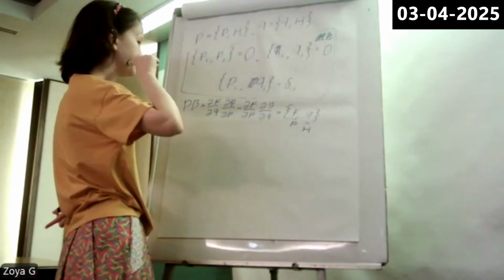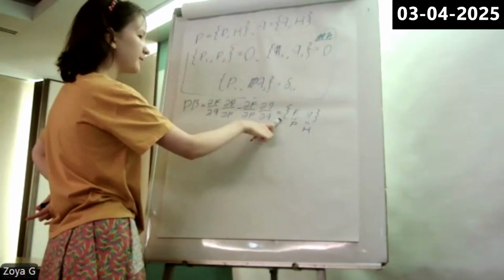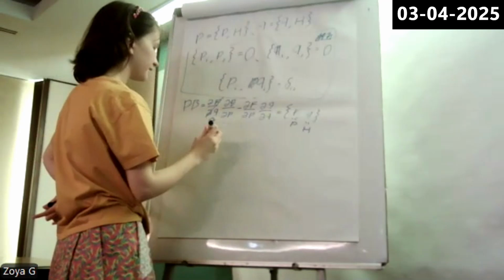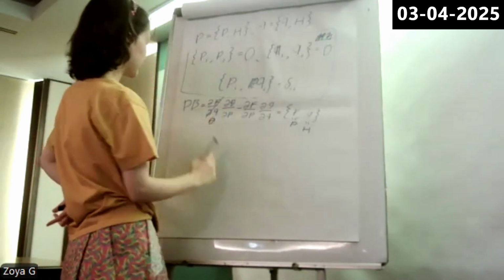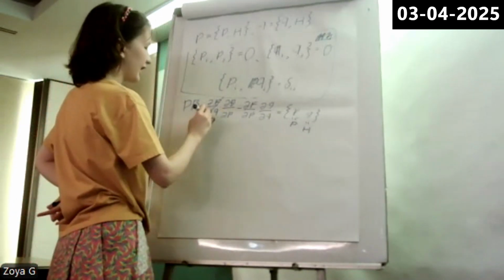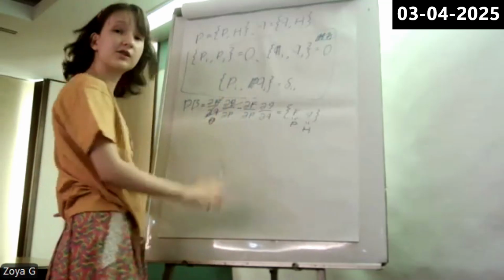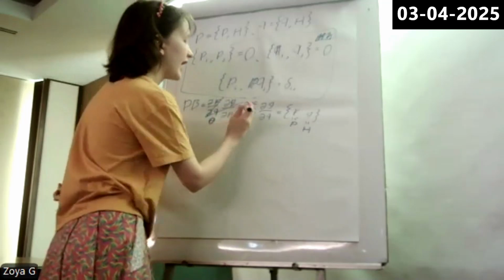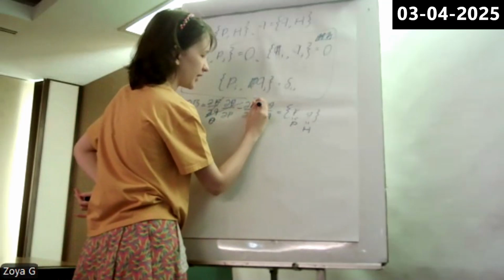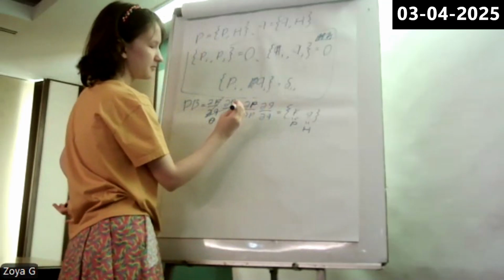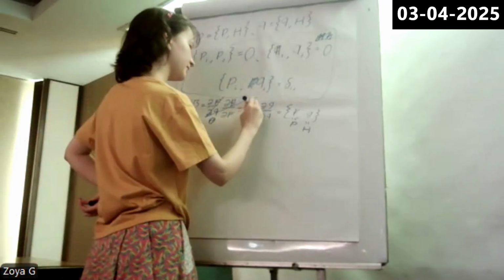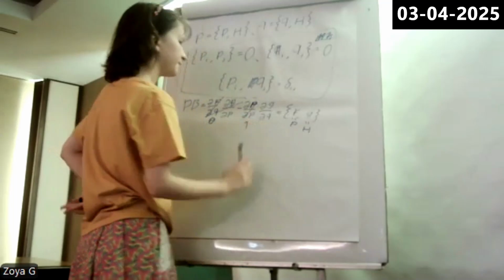P or F doesn't depend on Q, so this immediately goes to 0. Or, excuse me, that's supposed to go to 0, not theta. And that means this also goes to 0 because anything multiplied by 0 is 0. And this term becomes partial P over partial P, partial H partial Q. That goes to 1.